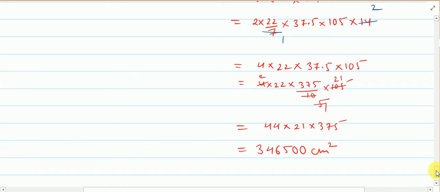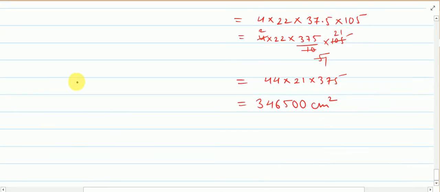centimeter square. Okay, and you know that 1 meter is equal to 100 centimeter. So if you square both the side, you will get 1 meter square is equal to 10,000 centimeter square.